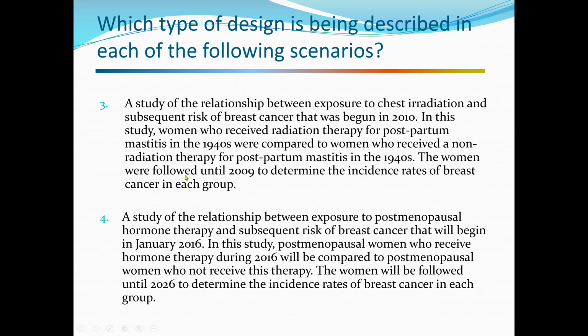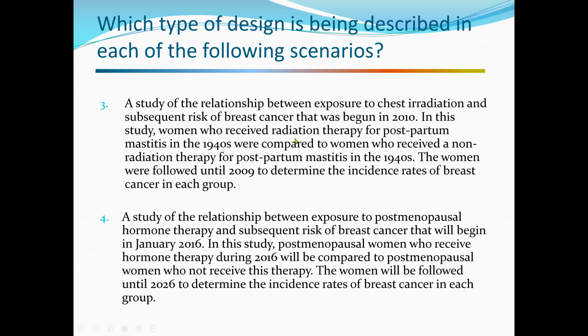Now, the women were followed until 2009 to determine the incidence rates of breast cancer in each group. Again, this will be a cohort study, since both groups of women have the problem.